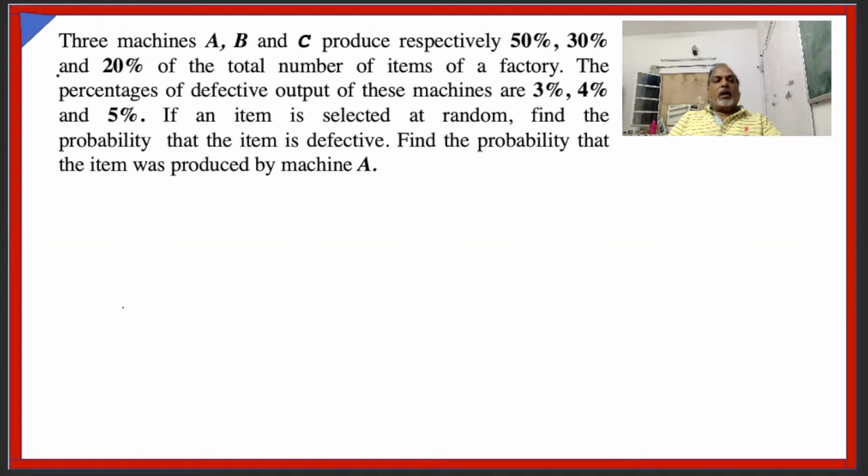Find the probability that the item was produced by machine A. So for the first part, we have to find the probability that the item is defective, and for the second part, that it is produced by machine A.